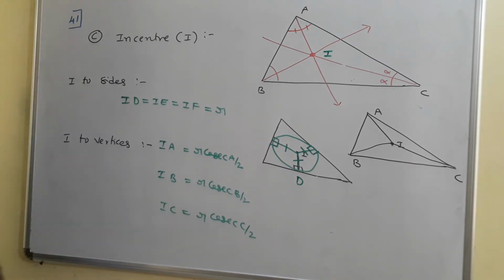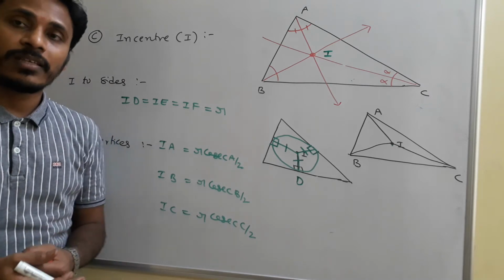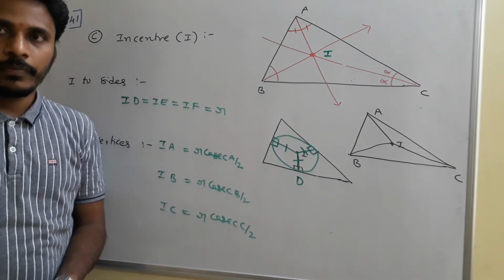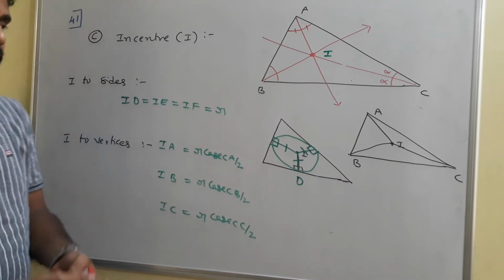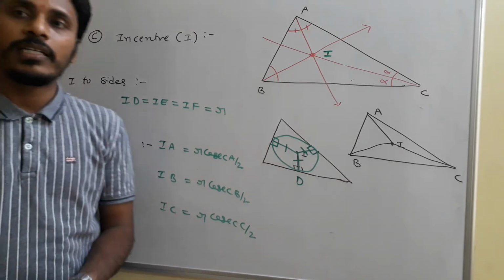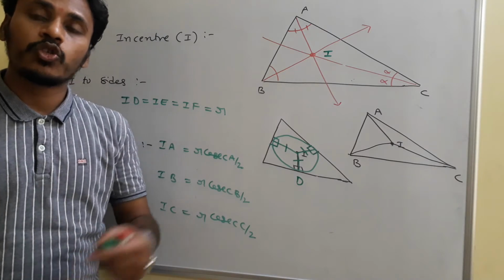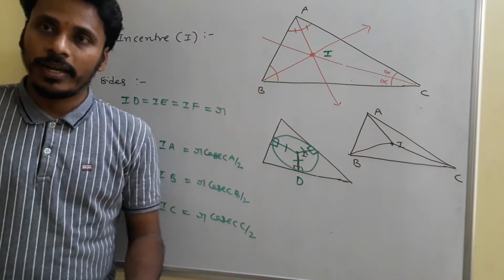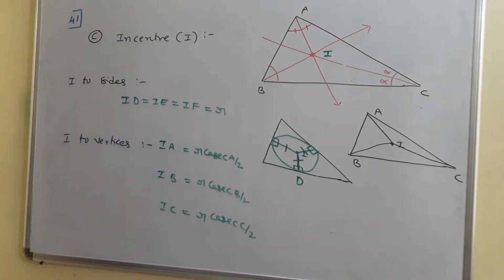And in the next point, 41D, we need to discuss excenters. There are excenters like I1, I2, I3. Already you know the definitions of excenters, and we need to observe the distances from excenters to the sides as well as to the vertices.